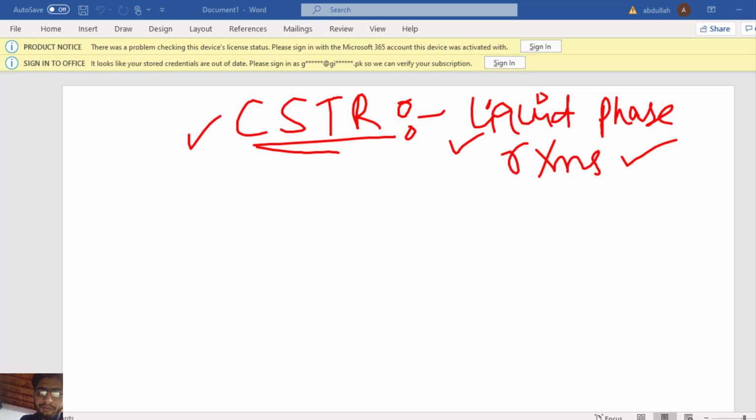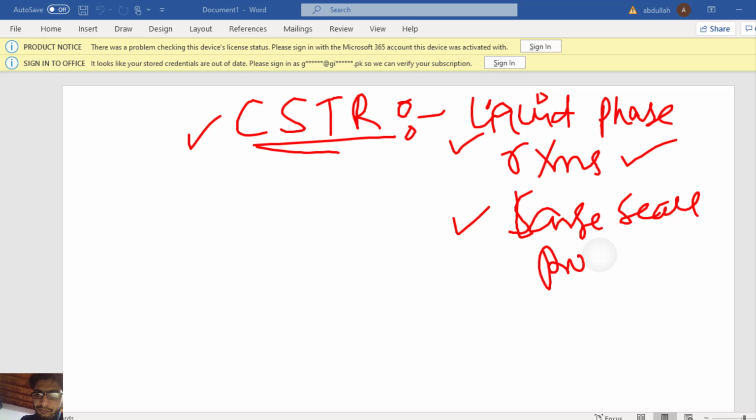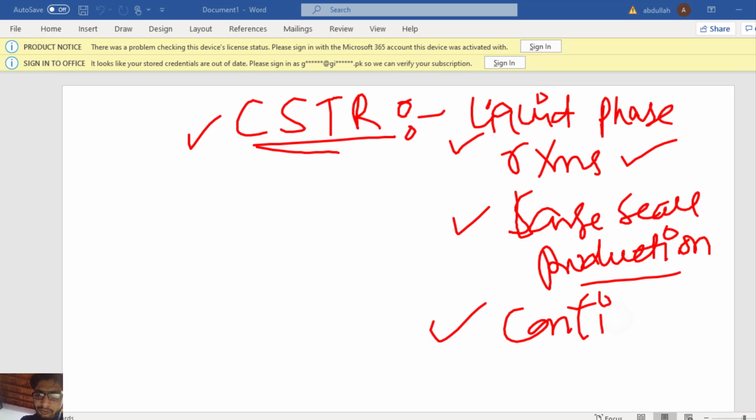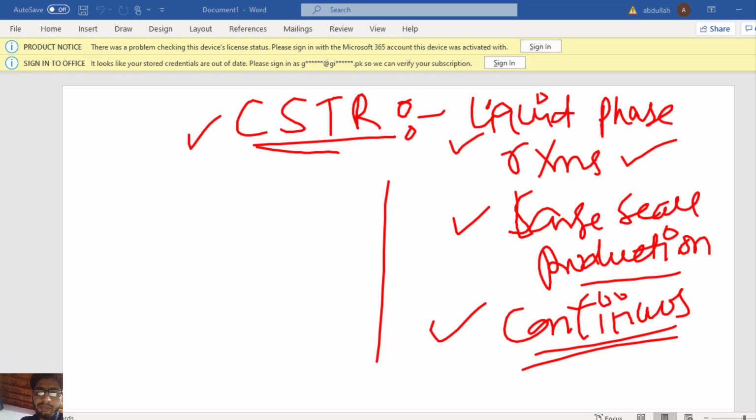It is used for large scale production, and it is continuous. As I have already discussed, the batch reactor is used for small scale, but this reactor is used for large scale production.